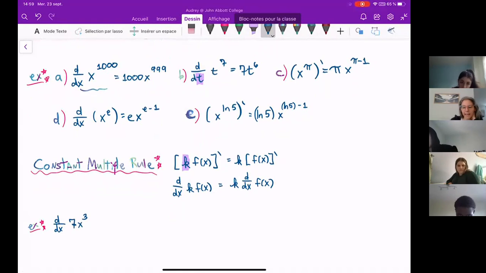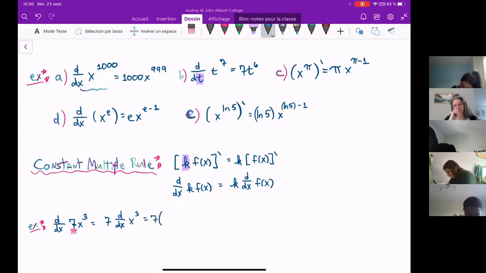So what this is saying is that if I have the derivative of 7x cubed, that 7 is not important when I'm thinking about how to do the derivative. So we don't have to write this step, and in fact, in the future, I will never write it again. But in other words, I can bring that 7 to the outside and just do the derivative of x cubed.